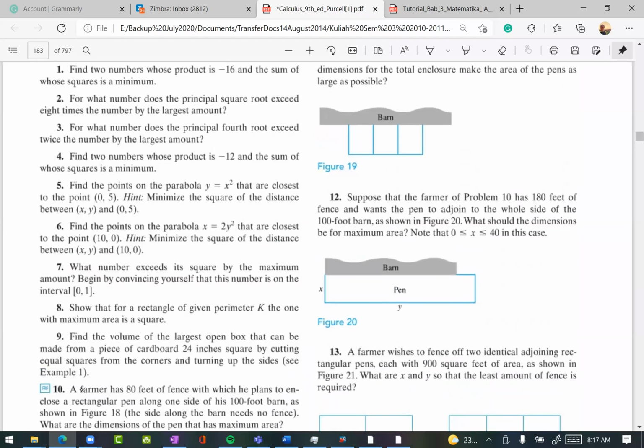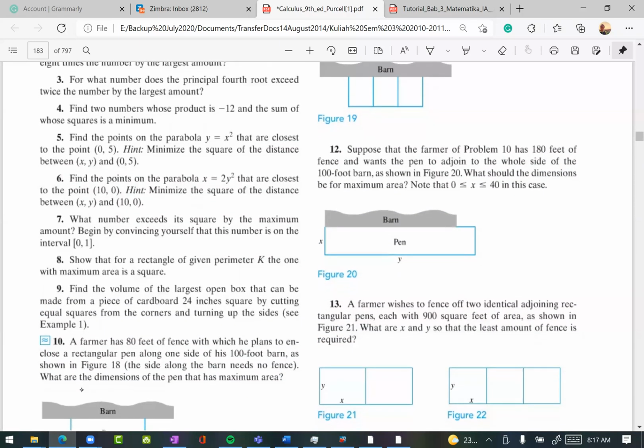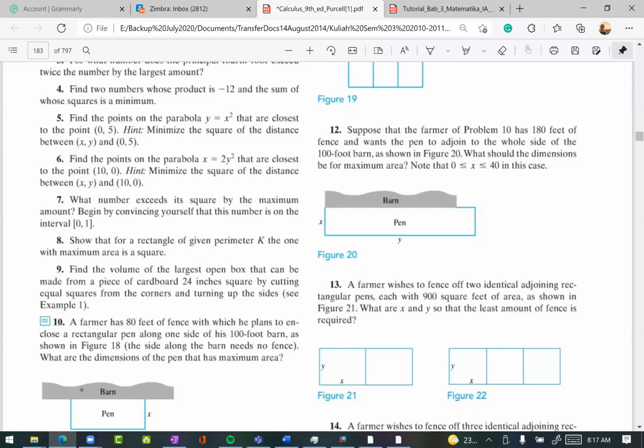All right, so let's pick one problem here. Let's take this problem 12.